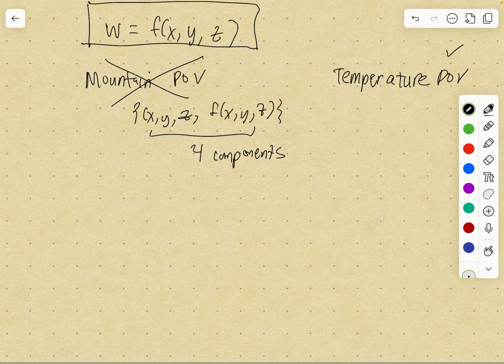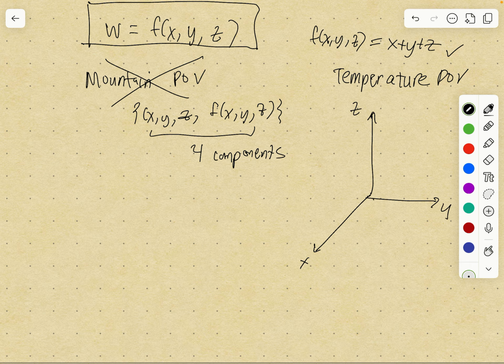So what you're doing is you'll have your point. Let's say that your function is, I don't know, x plus y plus z. Just something simple. Then your domain is all of R3, but it still makes sense to attach the temperature at each point. At this point you have a certain temperature, at this other point you have another temperature. And then you have the level surface, which is when the temperature is a given temperature.